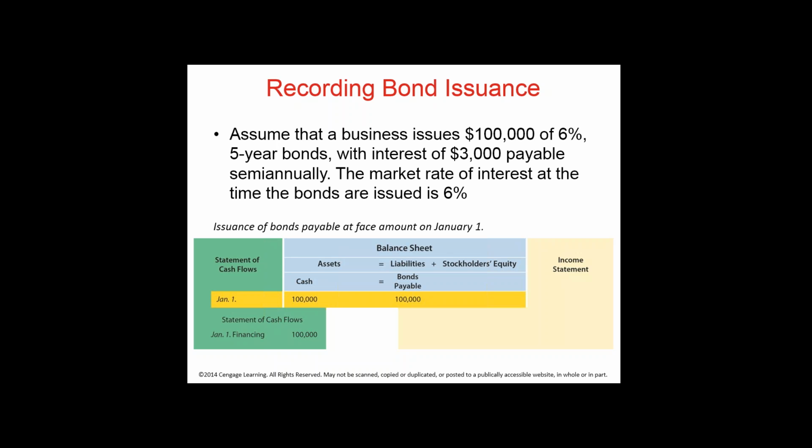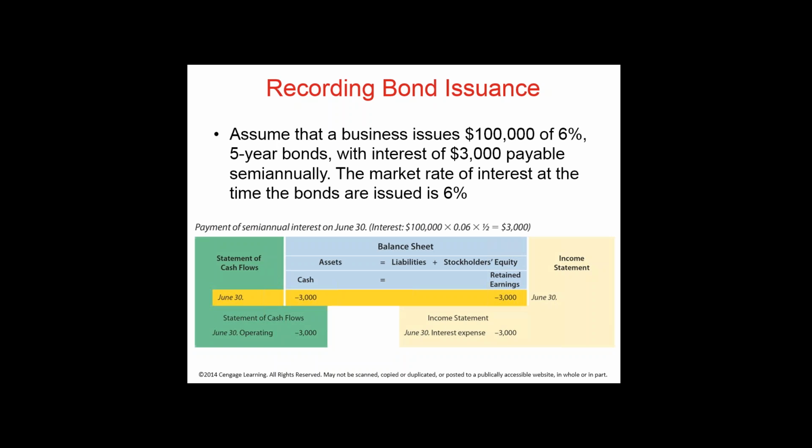So, I issue these bonds. Everybody buys them. It's wonderful. I get $100,000 in cash, so I increase my cash, and now I have a payable, bonds payable, because I have to pay that back. Now, 6 months later, it's time for me to pay the interest.